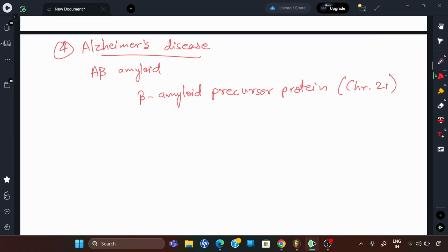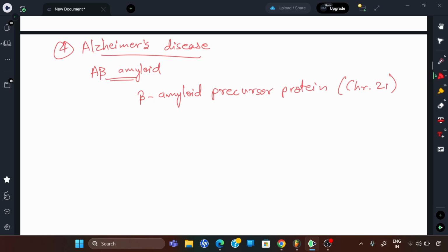As it is present on chromosome 21, what we see is that in the individuals having trisomy of chromosome 21, that means the individuals having Down syndrome, there you will see excessive production of this beta amyloid precursor protein, right? Due to which there will be excessive formation of A beta amyloid, resulting in deposition in brain and formation of amyloid plaques.